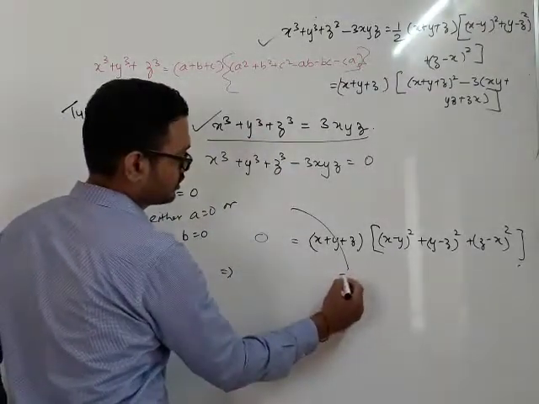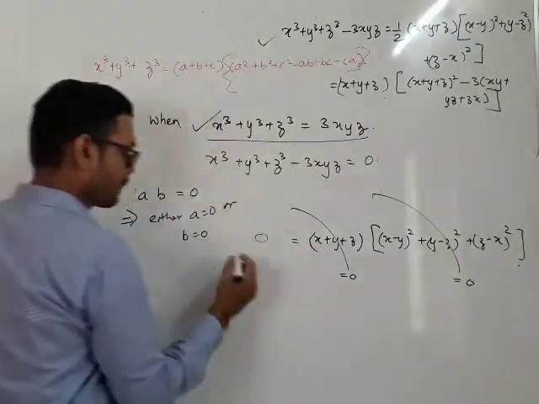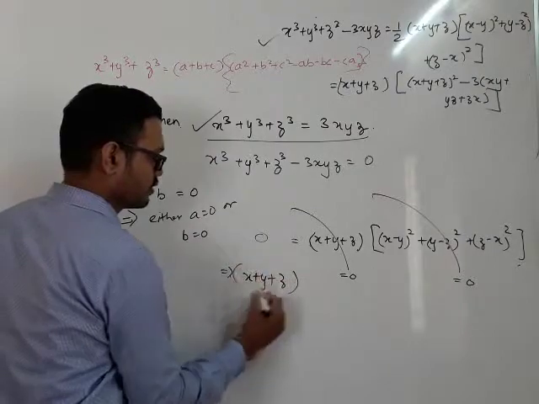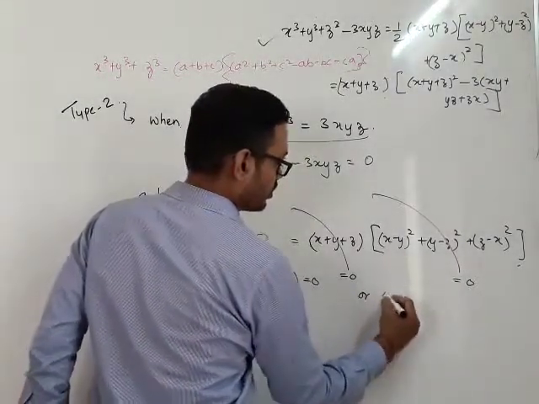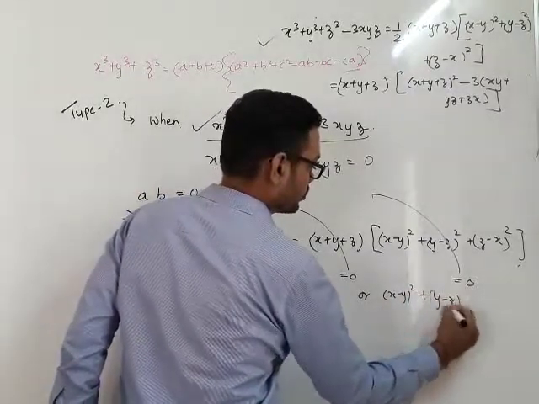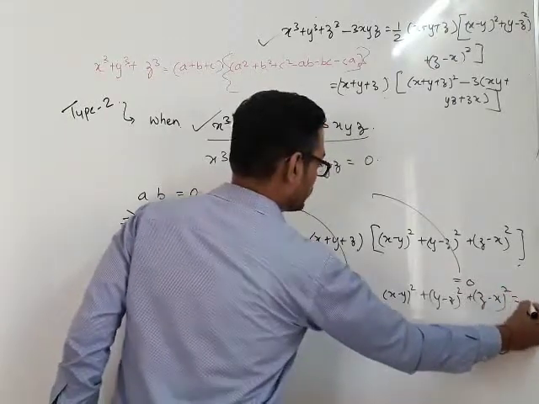Whenever such a thing is given, it means either this term is 0 or this bracket is 0, which means x plus y plus z is 0 or x minus y the whole square plus y minus z the whole square plus z minus x the whole square is 0.